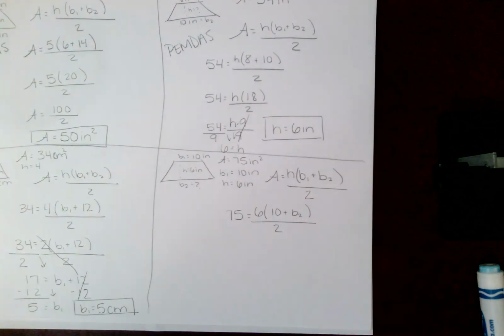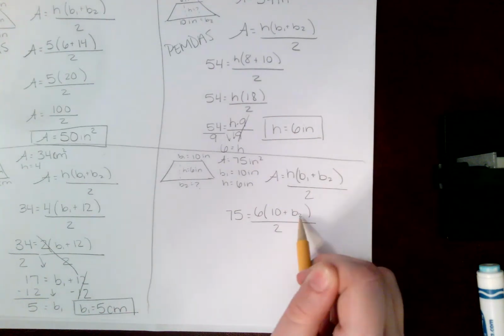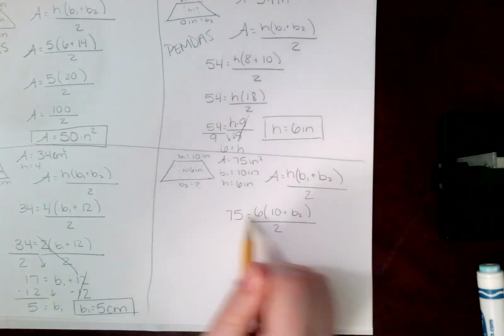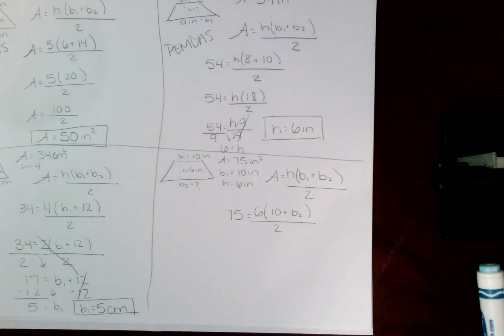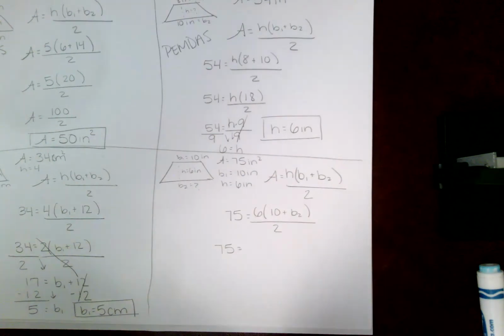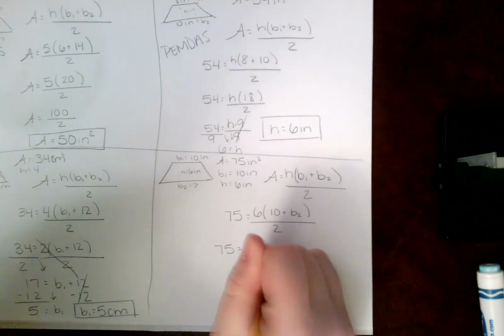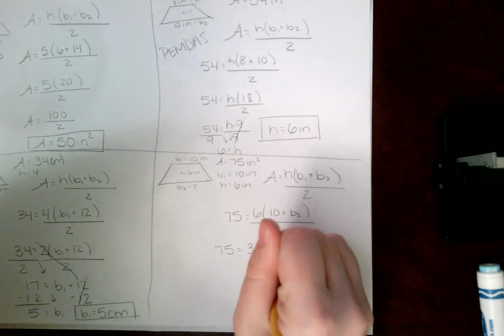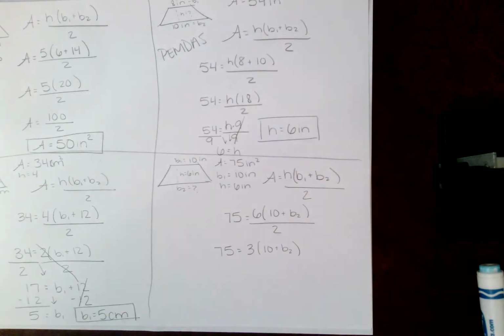Now, like I said in this example, we don't want to mess with the parentheses yet because we're missing half of it. But what I can do, I know I could do 6 divided by 2. So that's what I'm going to take care of first. So I'm going to rewrite all of the other parts. 6 divided by 2 is 3. And then I'm left with 10 plus the second base, or B2.